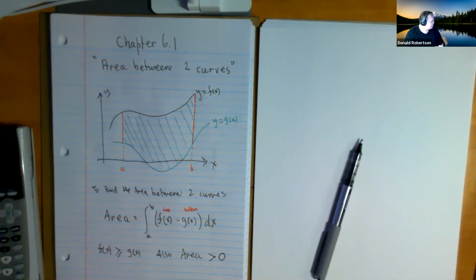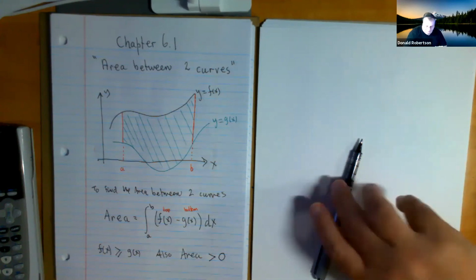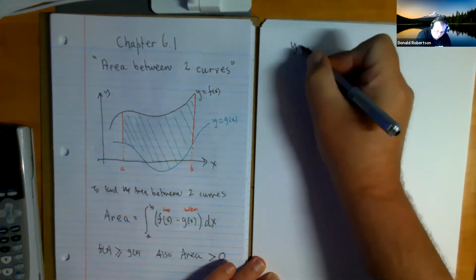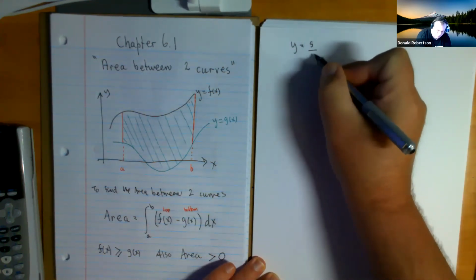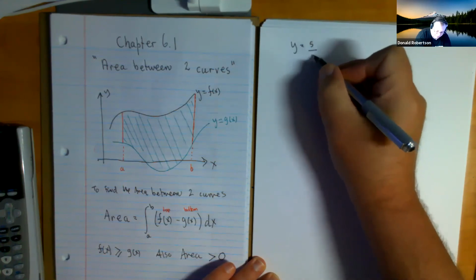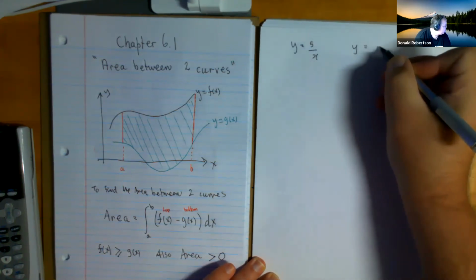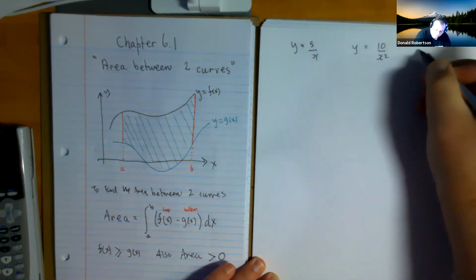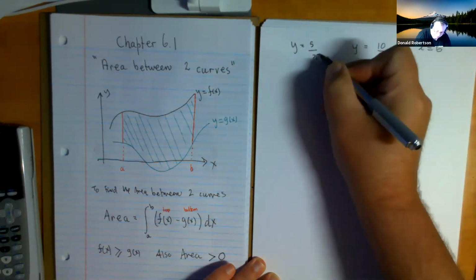Let me look at some homework questions. Y equals 5 over x and y equals 10 over x squared and x equals 6.